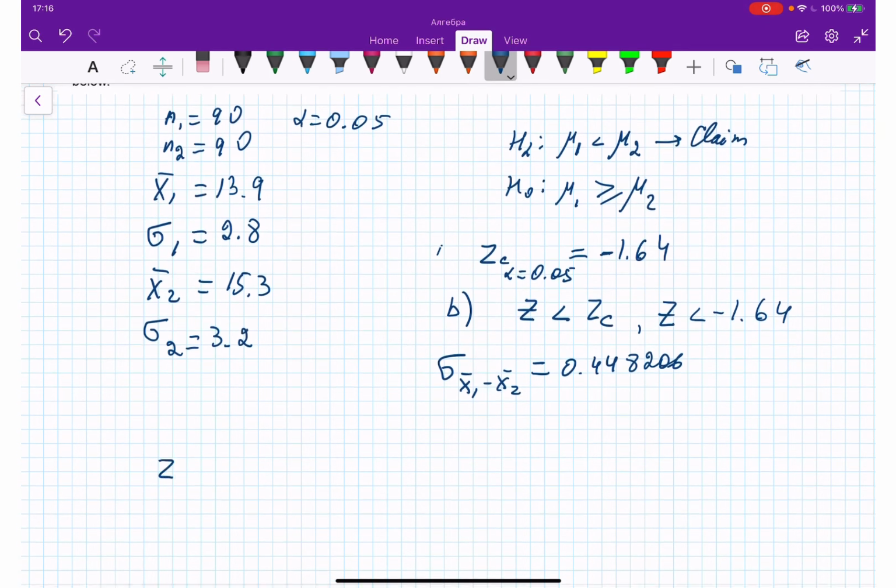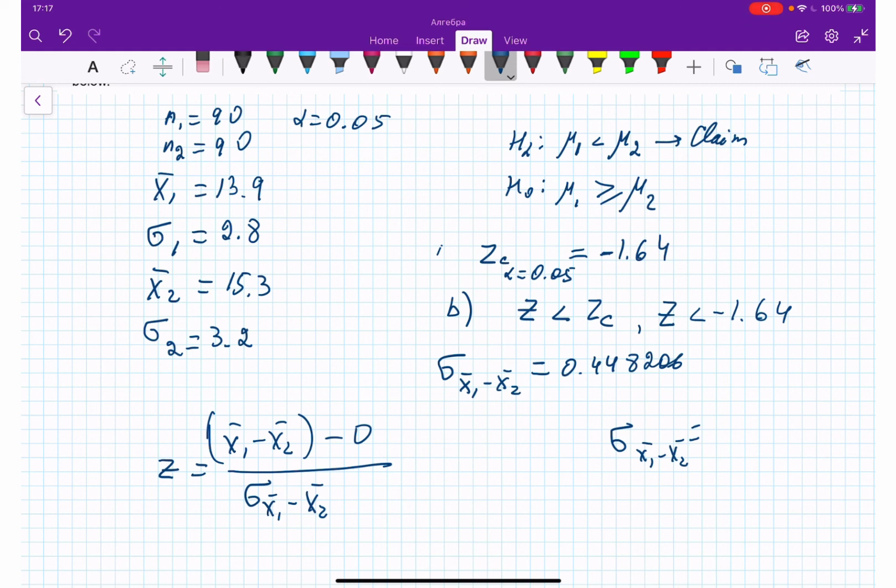From here, if I plug into the formula, z standardized is equal to x1 bar minus x2 bar minus 0, because it is always going to be 0 here, divided by sigma of x1 bar minus x2 bar, which is the square root of sigma 1 squared over n1 plus sigma 2 squared over n2.